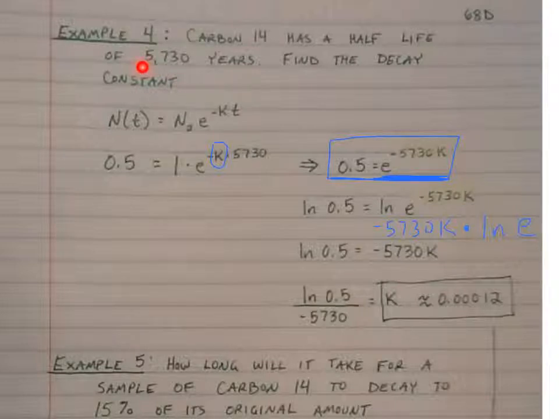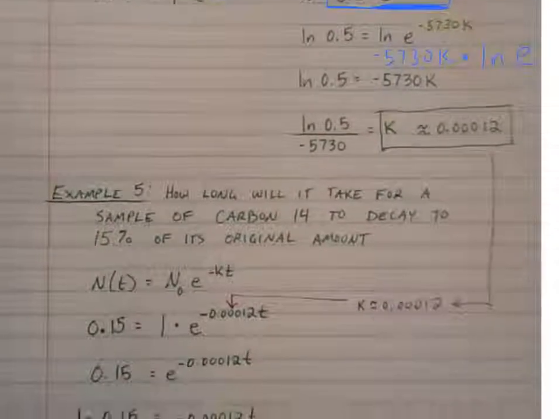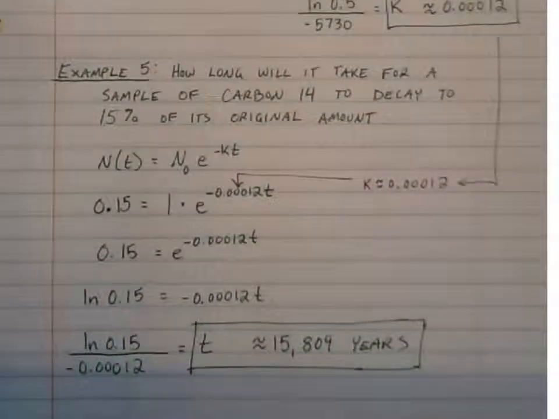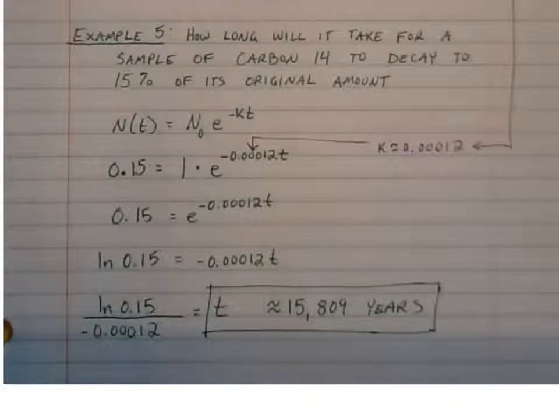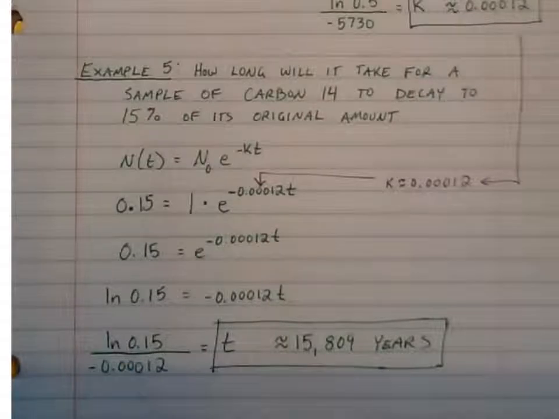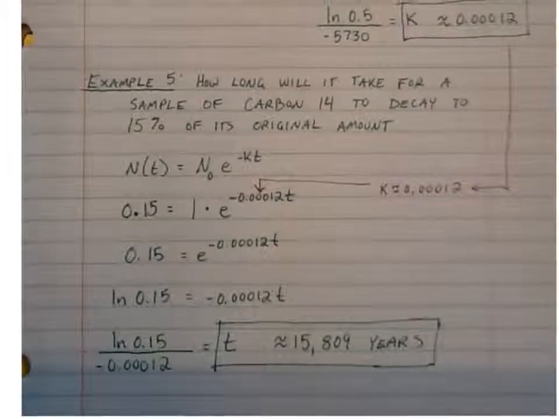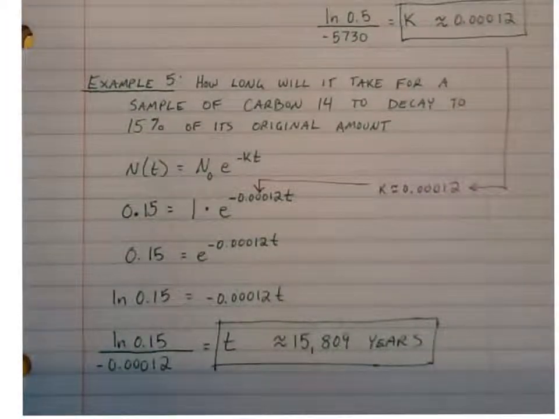Moving on to example 15, we take the problem a little bit further, and it says we have a sample of carbon-14 and we want to know how long until 15% of its original amount remains. So using what we've learned about carbon-14, it has a decay constant of 0.00012. We can plug that into our formula.